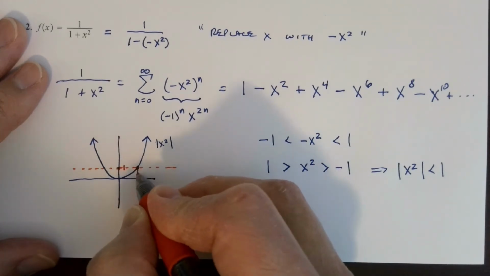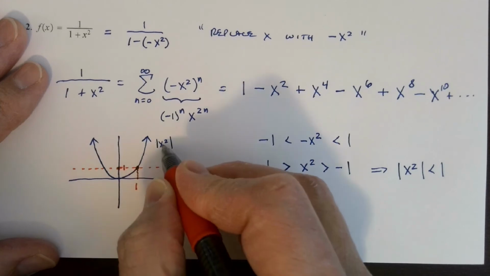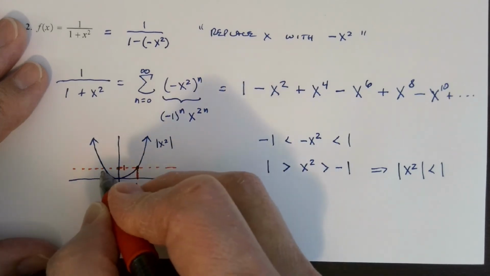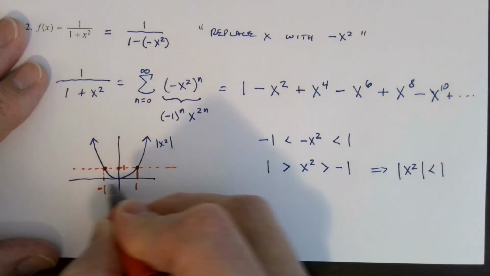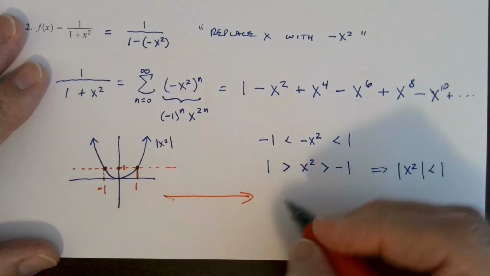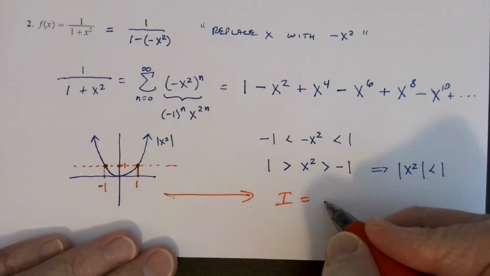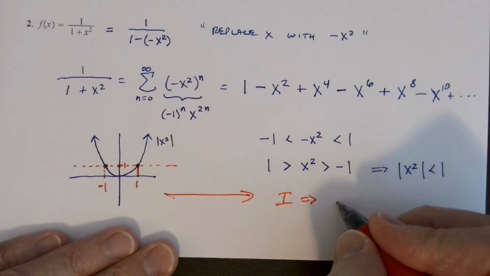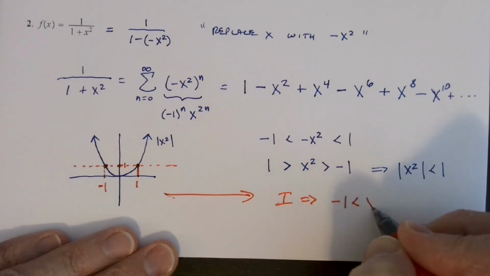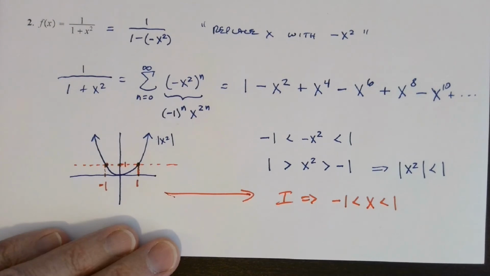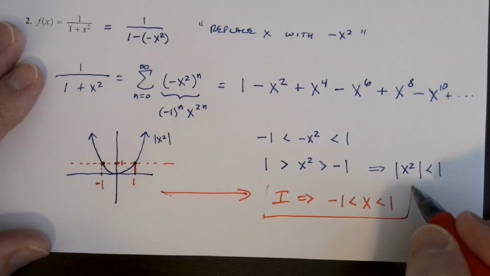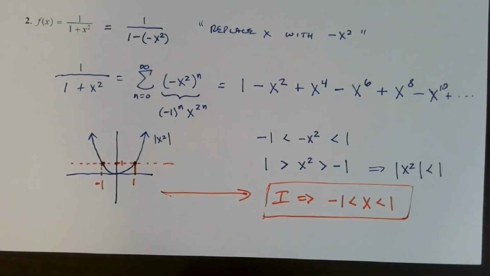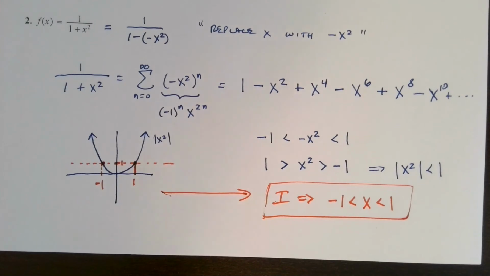Right there, 1 squared will give me 1. And back here, -1 squared. So basically, any values of x between these two numbers. So what's our interval of convergence? It's x between -1 and 1 again. So we have a new power series representation for the function 1 divided by 1 plus x squared.